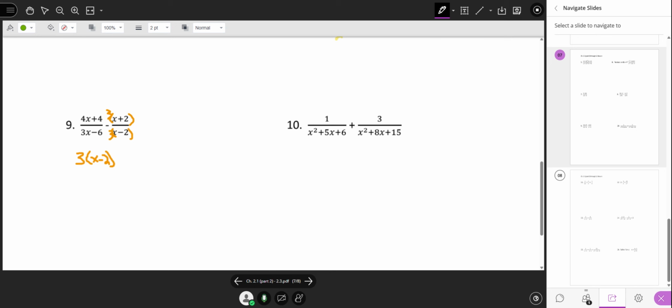So, the next step, 4x plus 4. Now, minus 3 times x minus 3 times 2. So that leaves me an x minus 2 up top.